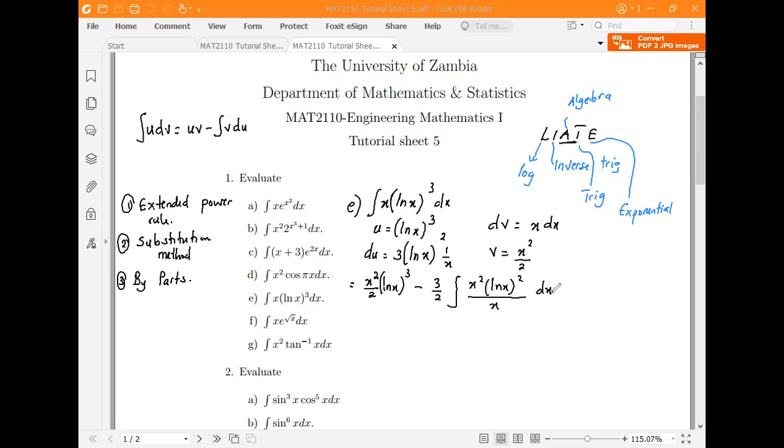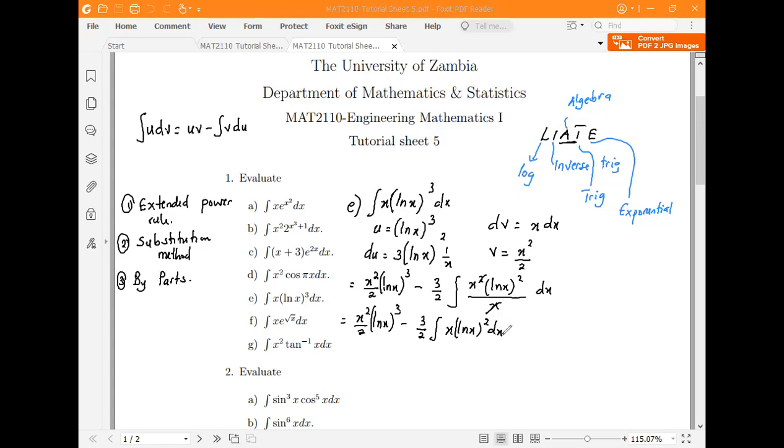What are we having? This guy and the power goes. So we're remaining with x squared over 2 ln x to the power 3 minus 3 over 2 and the integral of x ln x squared.